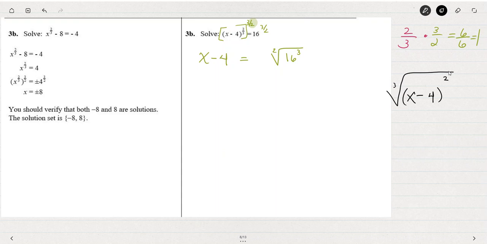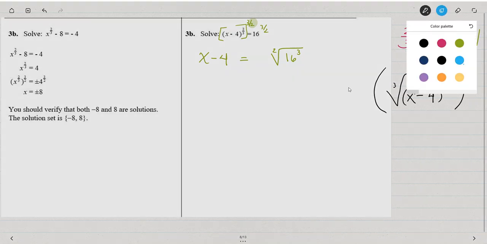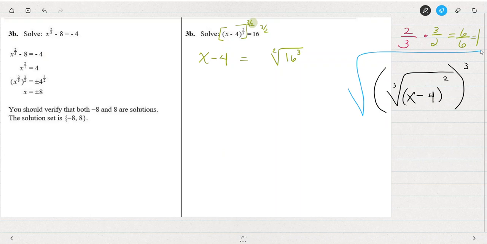But when I do this to the 3 halves, what I'm doing is cubing it, but then watch this. I'm using the square root property. I'm taking an even root of both sides. Do you remember that extra step? I know it might be hard to remember this every time.